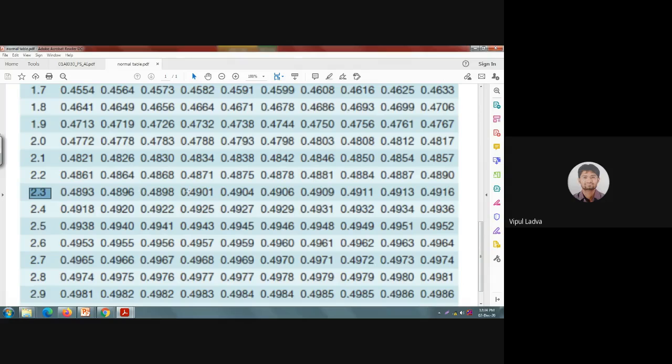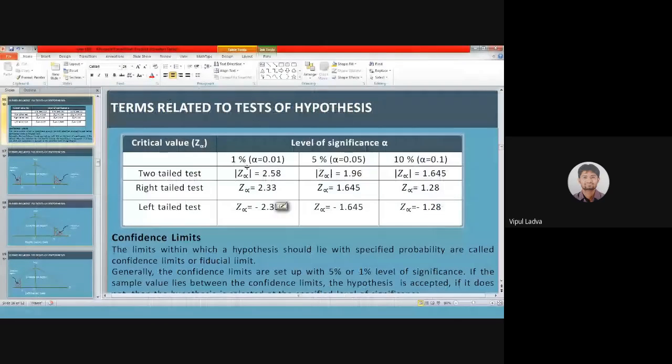That's it. So 0.49 के लिए जो Z alpha, that means critical value, that is 2.33, and if you compare that with my table, then observe here. We were dealing with the one-sided test, and the level of significance was 1%. Firstly, we were looking for 0.49.